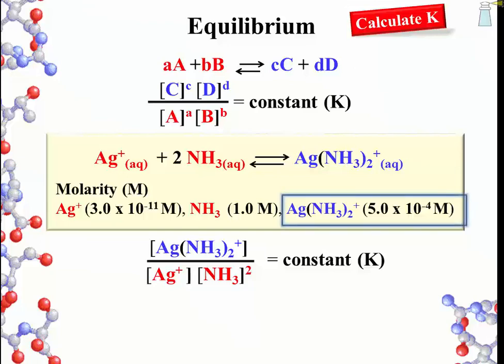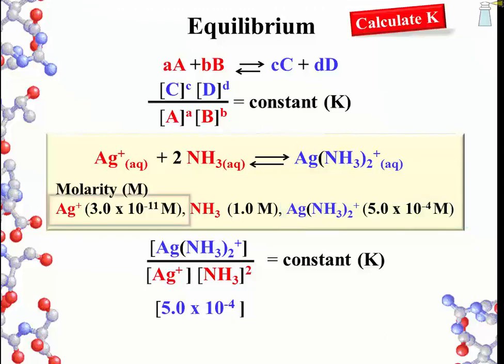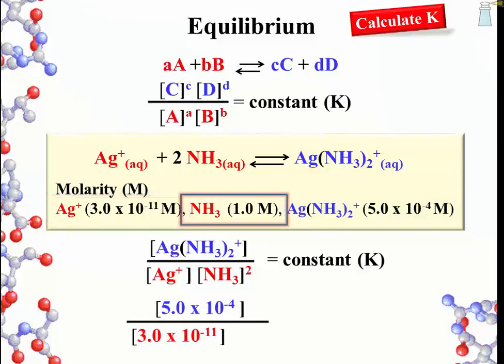The concentration of diamine silver is given as 5.0 times 10 to the minus 4th molar. Units are not included inside the concentration brackets. Just put the number. As for the denominator, the concentration of the silver ion is 3.0 times 10 to the minus 11th molar, and the concentration of the ammonia is 1.0 molar squared.